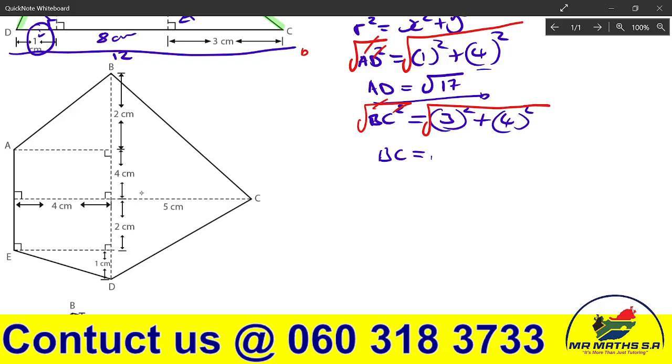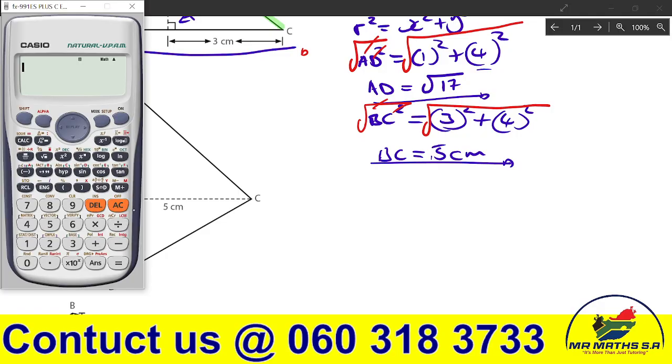So BC will be equal to 5 centimeters. You can prove that by punching your calculator. For example, 3 squared plus 4 squared is 25. Okay, so if it's 25, root 25 is 5.